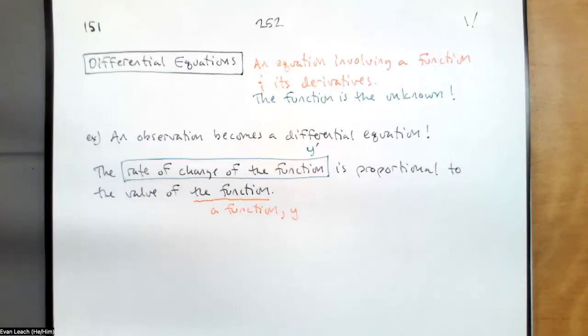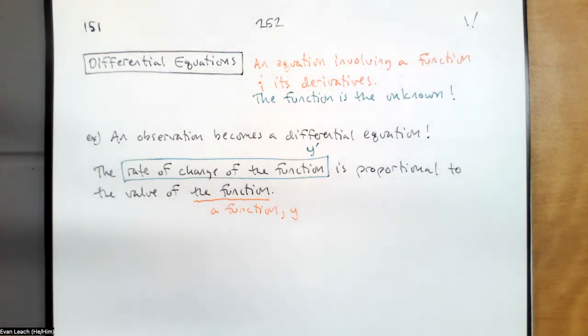So we're saying y prime is proportional to y. If y is twice as large, then y prime will be twice as large as well. That's proportional. Y is telling us the size of the function. Y prime is telling us how the function is growing. And we're saying that these things are proportional.